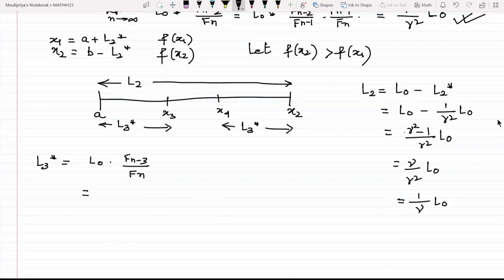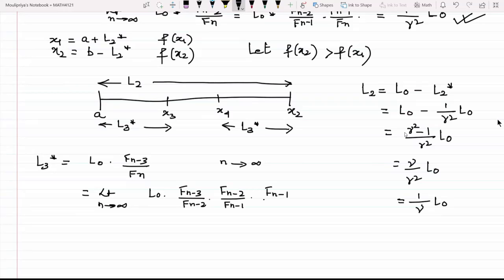Since we consider n to be very large, as n tends towards infinity this can be written as L0 times Fn minus 3 by Fn minus 2 into Fn minus 2 by Fn minus 1 into Fn minus 1 by Fn. So what is this value? This is going to be 1 by gamma cube times L0.